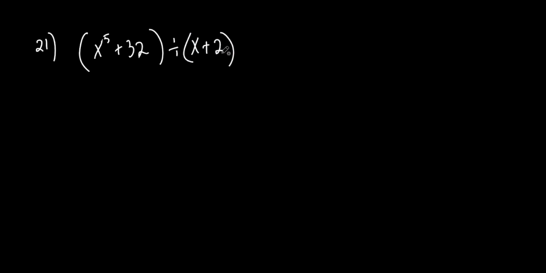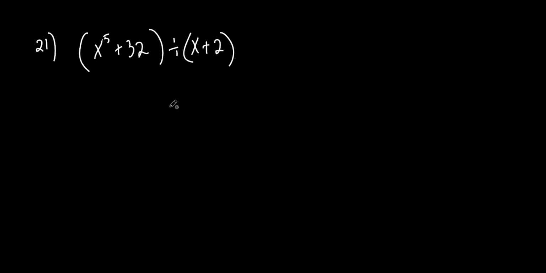Okay? And the question says, use the remainder theorem to find the remainder for each division and state whether it's a factor of the polynomial. All right? So we're just finding. Now, if the remainder is not 0, then it's not a factor, correct? So the only time it's a factor is if the remainder is 0.